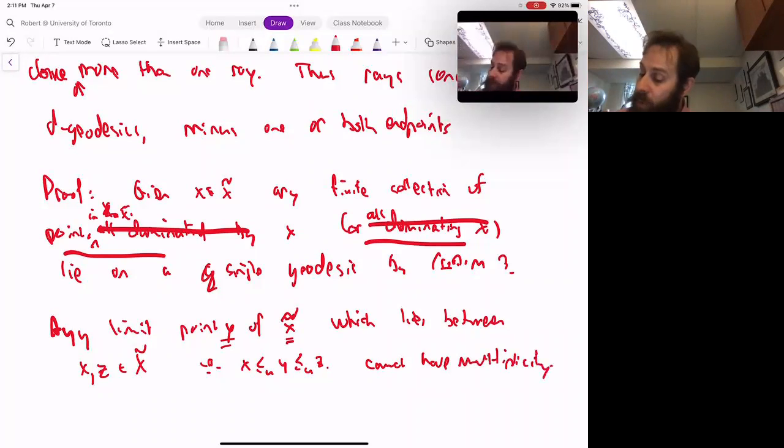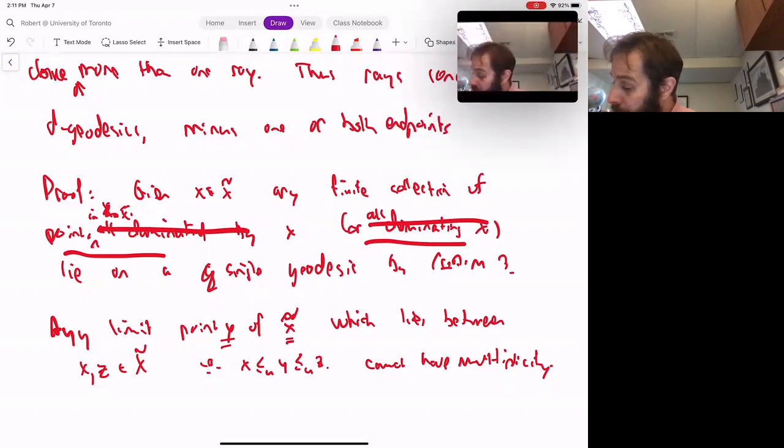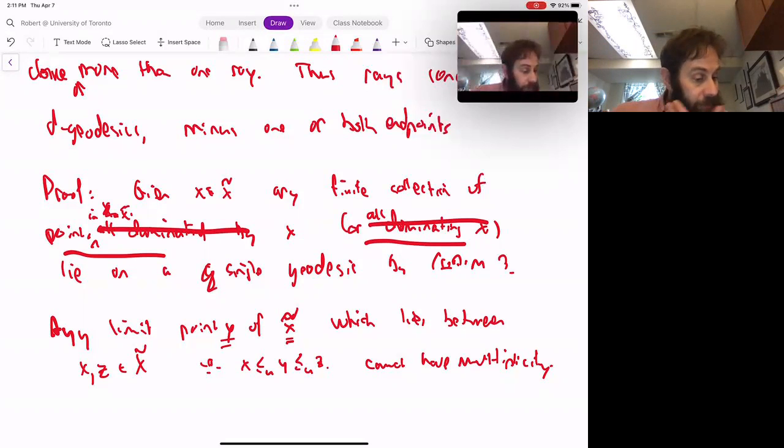Right, so what would it mean that y had multiplicity? It would mean that y would be dominated by two other points, v and w, and then I would get a branch geodesic from x through y to v and from x through y to w. And what would be wrong with that? Why can't it have multiplicity?